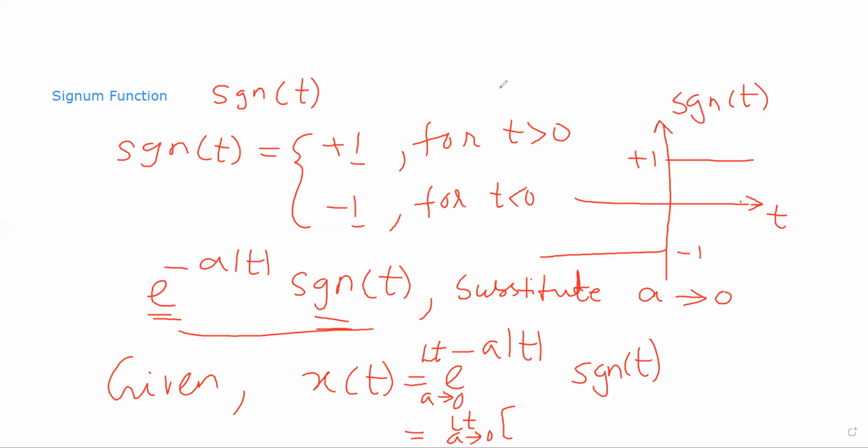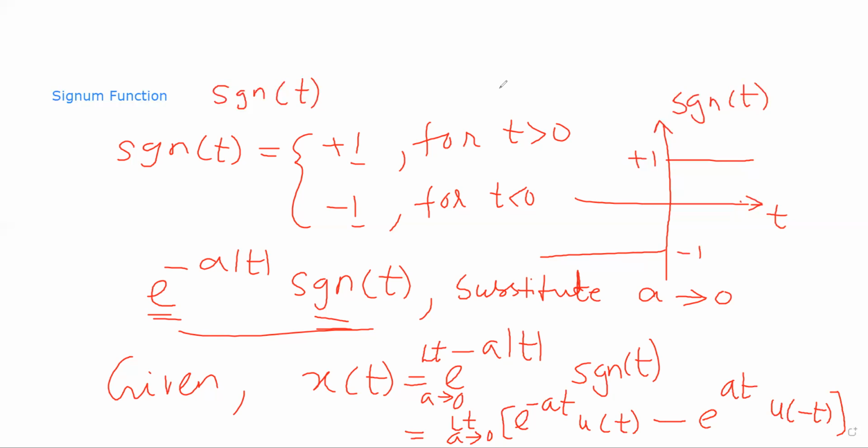Multiplied with the signum function, this can be written as e to the power minus at u of t minus e to the power plus at u of minus t.